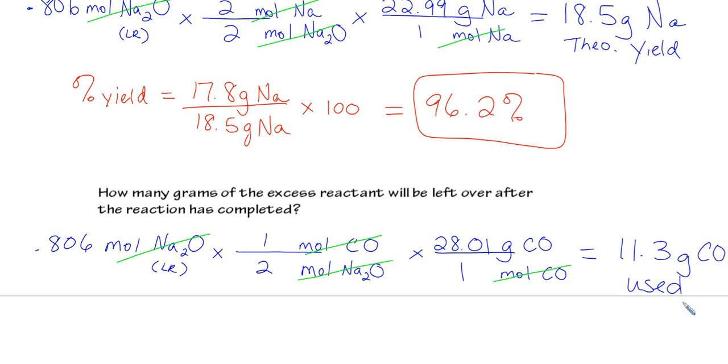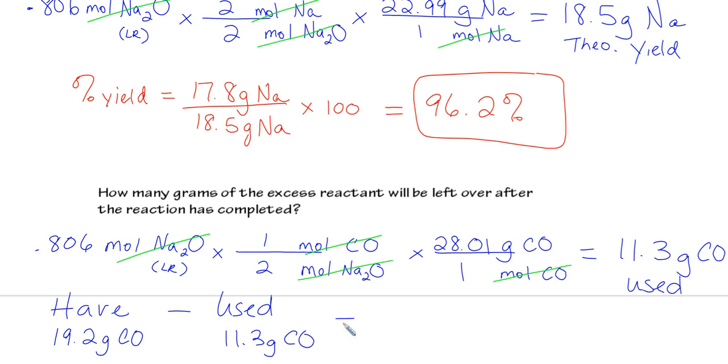And then all we have to do is subtract it from the amount that we originally had in the problem. We had 19.2 grams originally. We're only going to use 11.3.